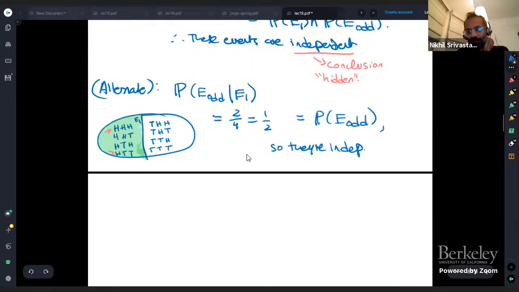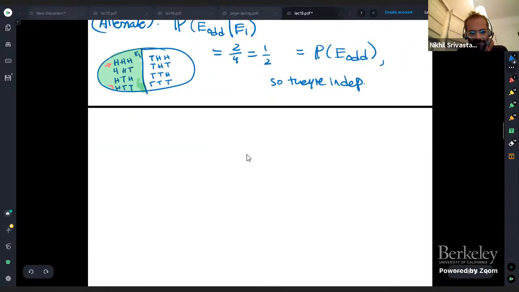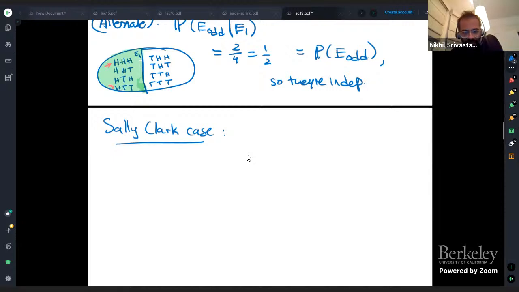Okay, so I want to make one comment about independence. It's really, really important. It's very important to know when events are independent. So let me tell you about a famous legal case that took place in England in the 90s. This is the Sally Clark case, which is quite tragic, actually. Sally Clark was a nurse in England who had 2 children.